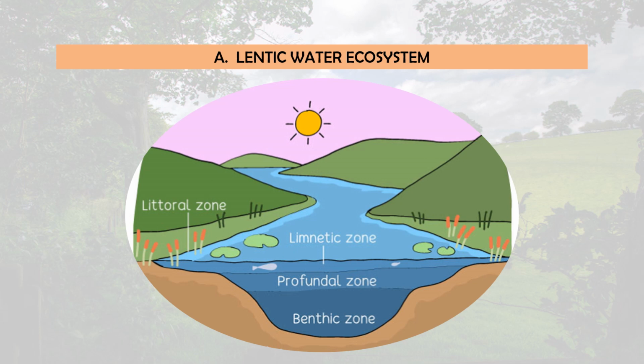And the third one is profundal zone. This is the deep zone of the pond, and it is located below the range of effective light penetration, and the lack of light in this zone determines the type of biological community that can exist there.